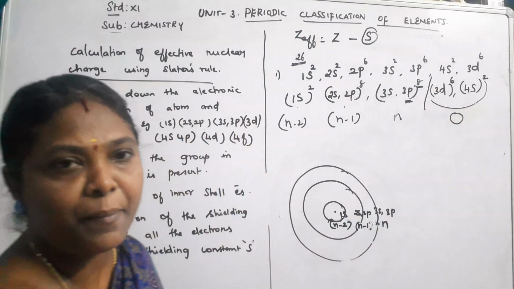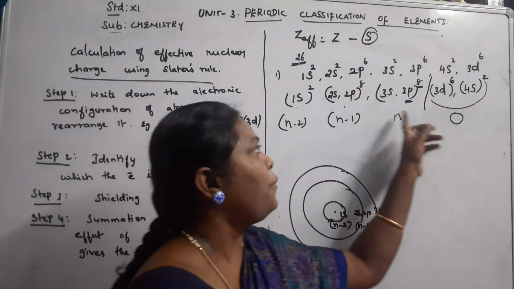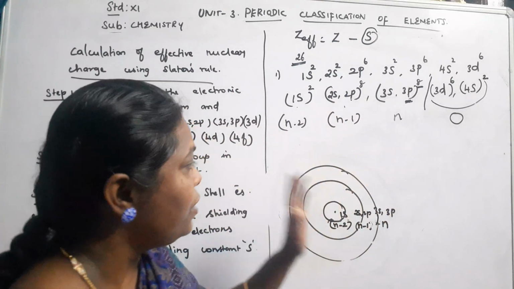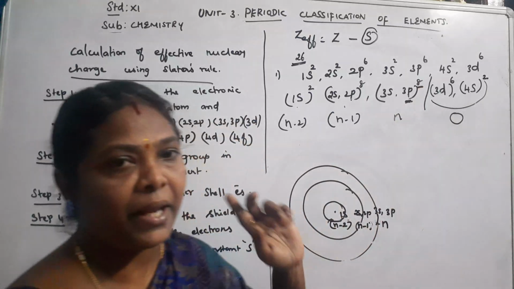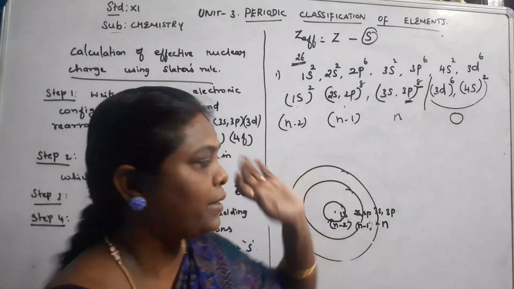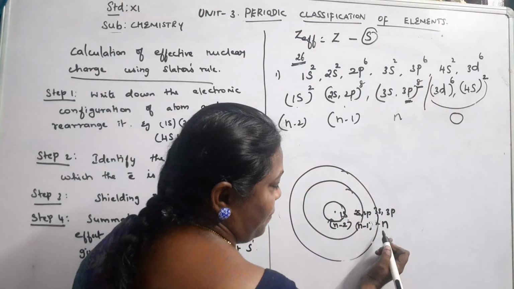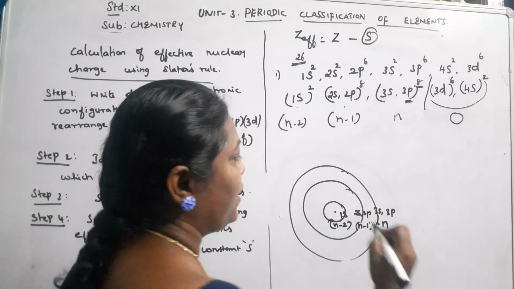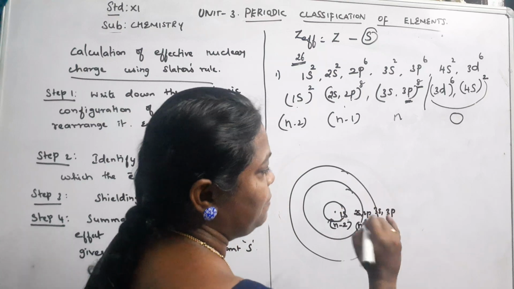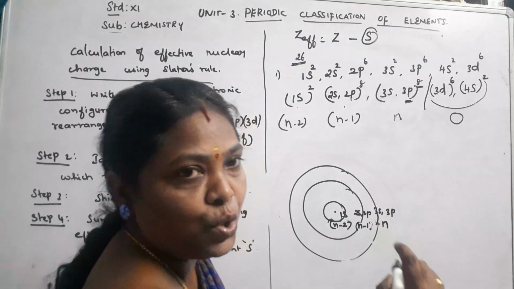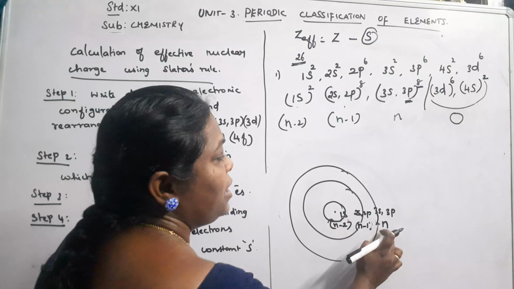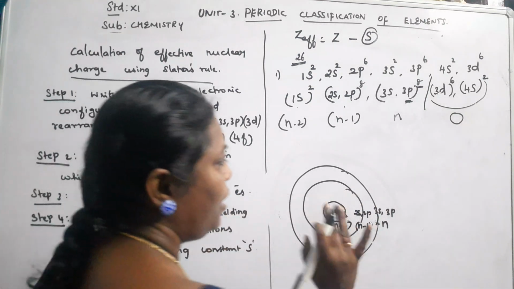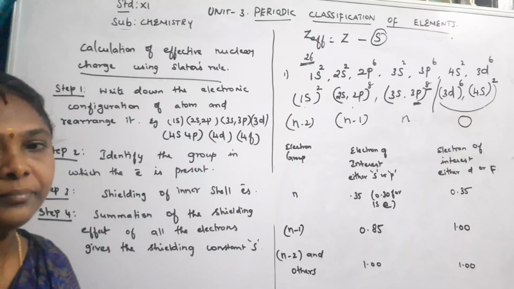Leave 1 electron for which you are going to calculate the shielding effect. How many electrons remain? 7 electrons. In the nth shell, the remaining electrons contribute shielding effect which can be calculated by multiplying the remaining electrons by 0.35. Have you all understood?